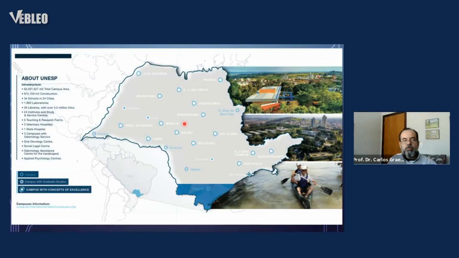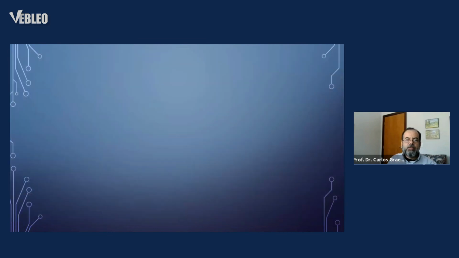And for those who don't know Unesp and Brazil, so here is Brazil. We are in the state of Sao Paulo, it's shown here. And Unesp is a multi-campus university, so we have campuses in 24 different cities. I am coming from here, from Bauru, and it's more or less, if you put in numbers here, 1,900 laboratories, just to give you an idea of numbers.